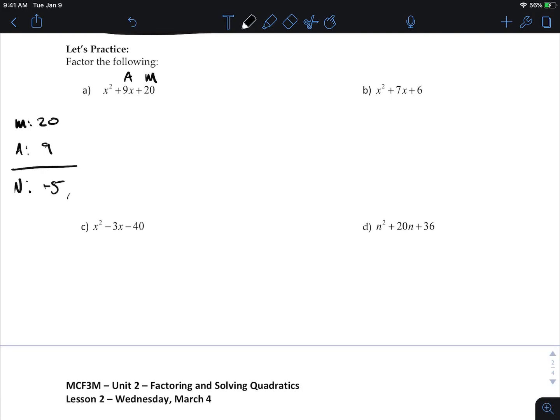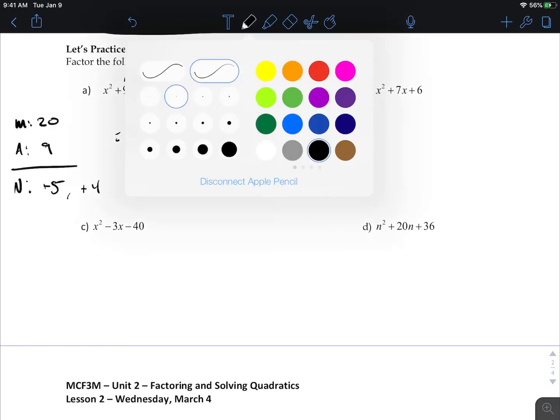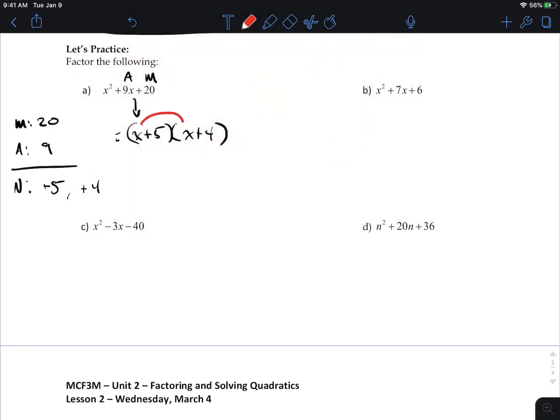They're both positive, right? And then I just throw the variable in front. It's the variable x. So this turns into x plus 5 multiplied by x plus 4. If I were to check this, I'll only do this one time.